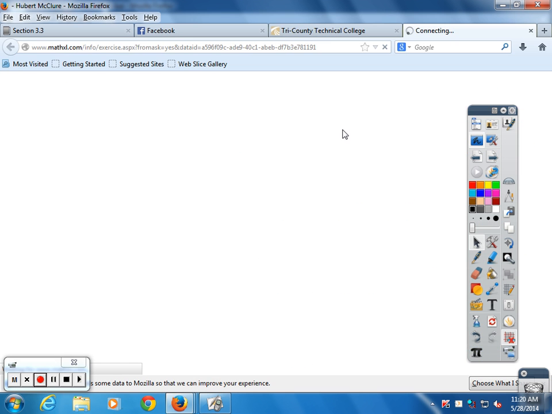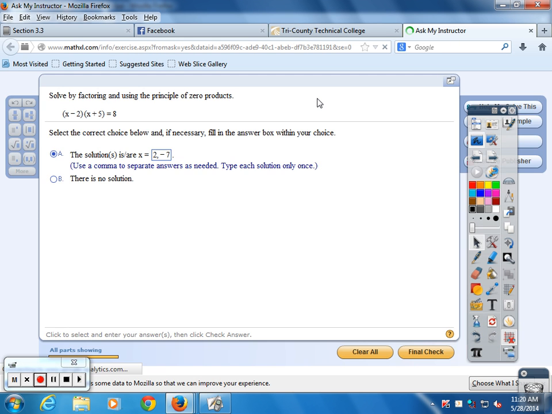5.743/9. Solve by factoring and using principle of 0. I would say the best thing to do is use your FOIL method, bring the 8 over, combine, then refactor.